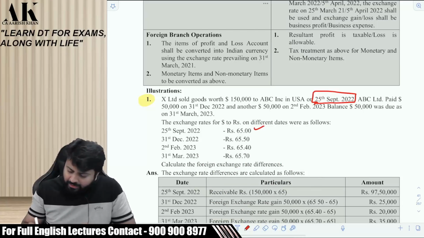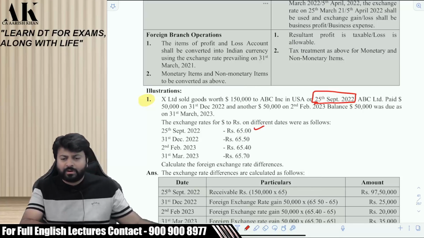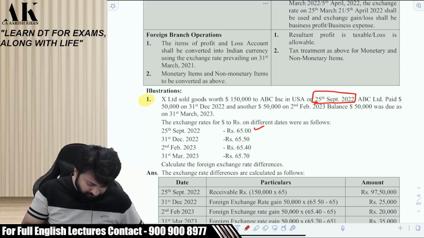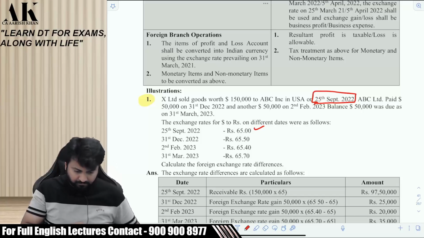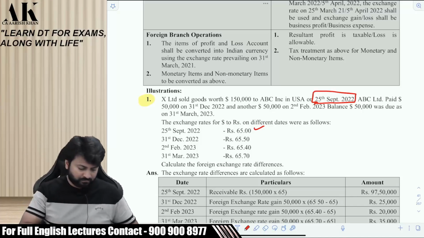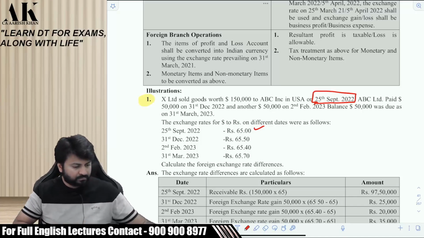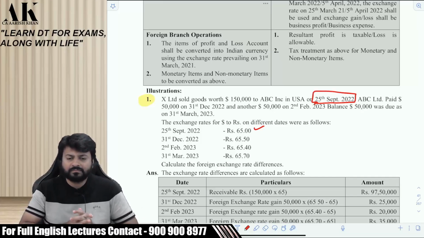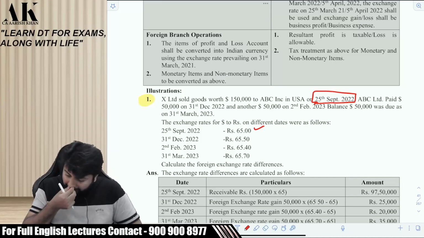On that date, you will record the transaction at 65 rupees. Calculate how much amount will come. 97,50,000. Okay.